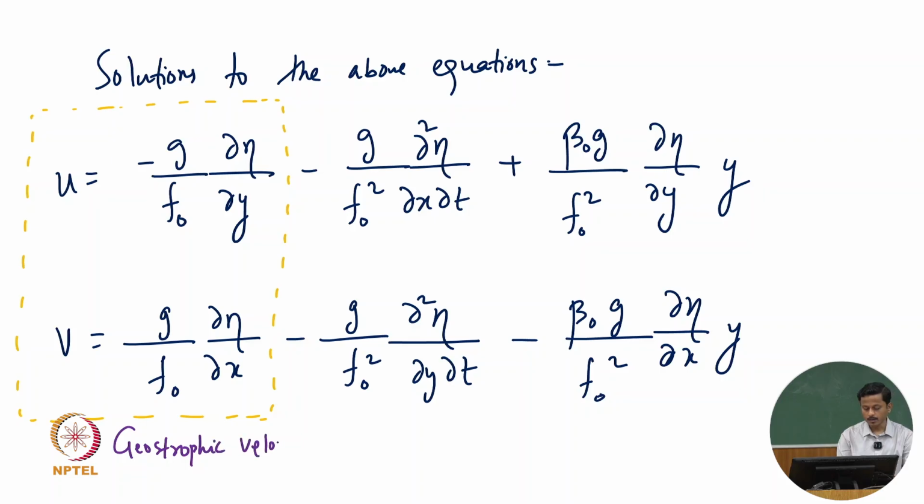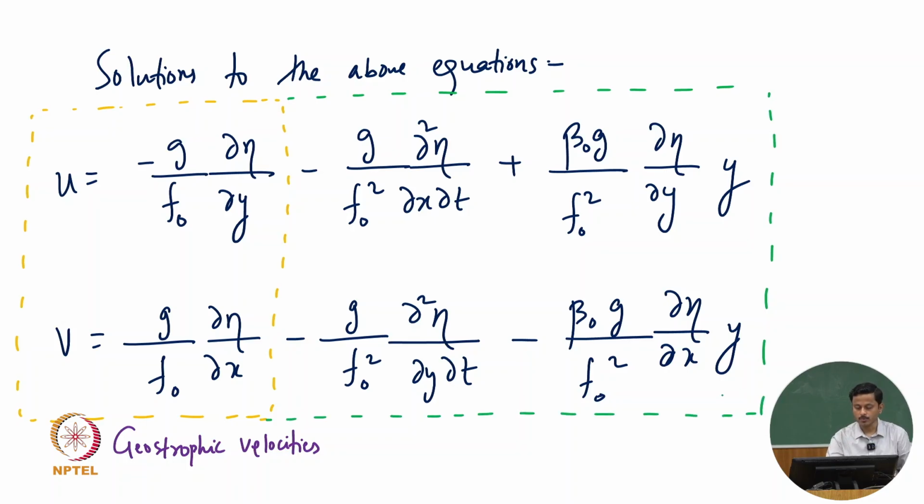These are the leading, the bigger terms, and these are approximately equal to u and v. However, this is not the full story. We have a few terms which appear as corrections to the geostrophic velocity, to the total velocity field.